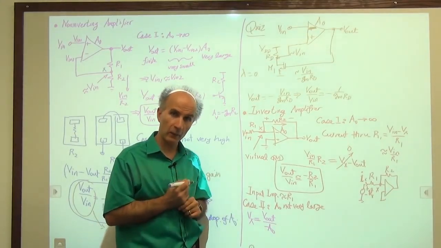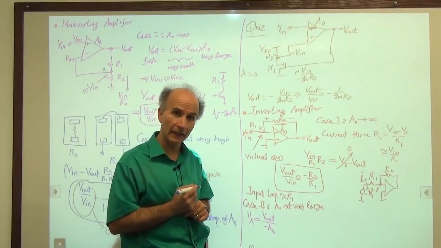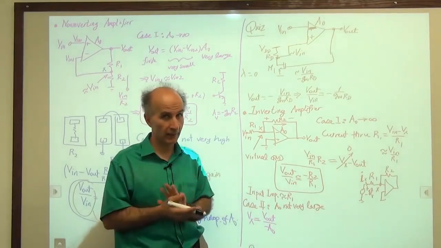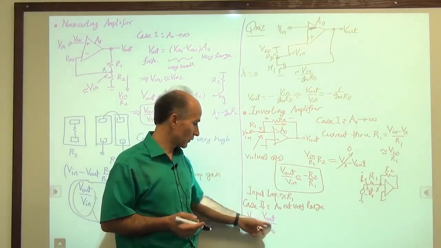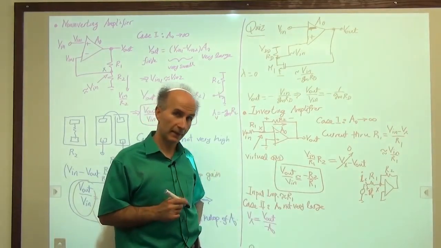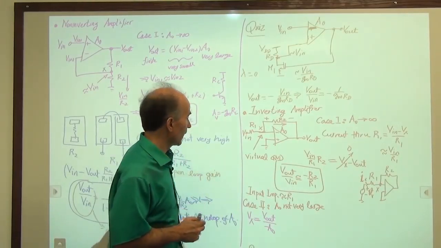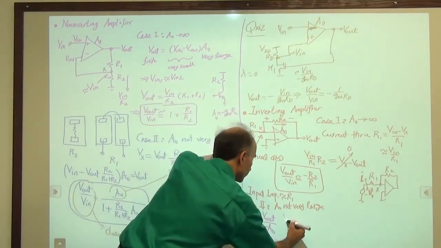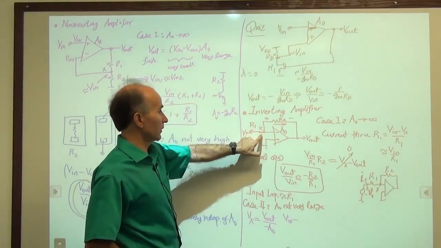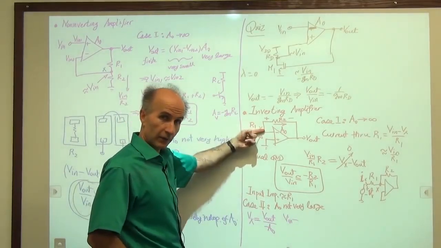All right, now we go ahead and write a KCL at the node X. So again, I'm not assuming node X is a virtual ground. I just use basic properties of the op-amp and a KCL. Okay, KCL at this point says Vin minus this voltage over R1 is this current.